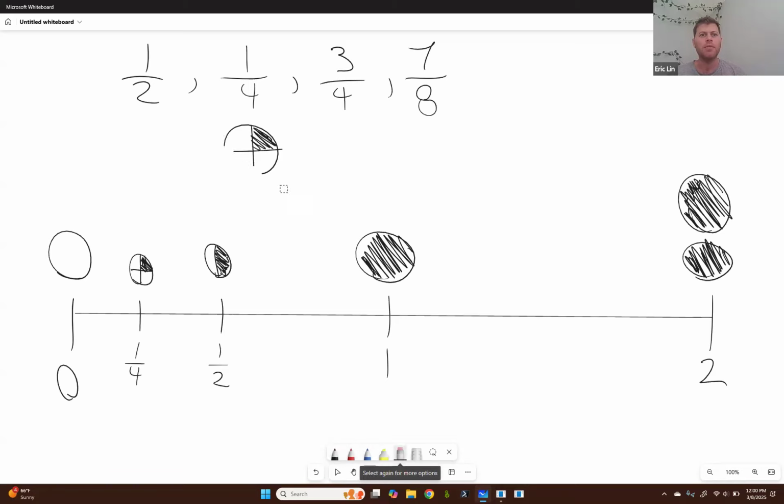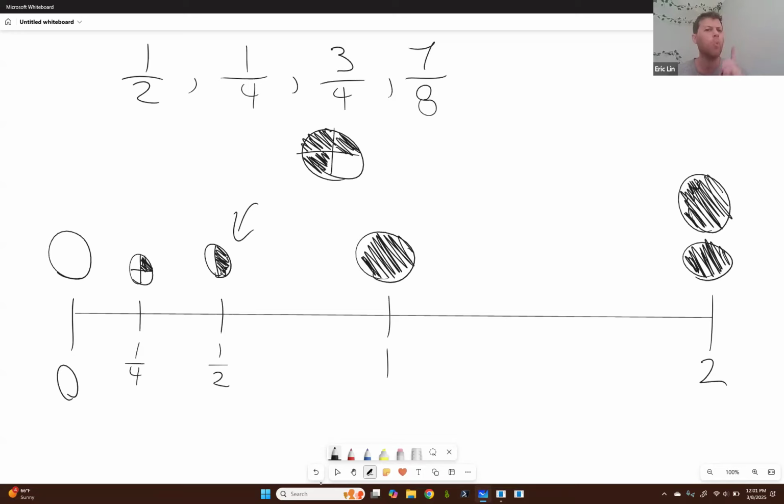3/4. I don't know why I'm erasing this instead of just moving it over, because it's the same basic idea. I'm cutting it into fourths, right? I am going to shade 3 of those 4 pieces. And if I look at this, 3 out of 4 shaded pieces, I see that it is more than 1/2.